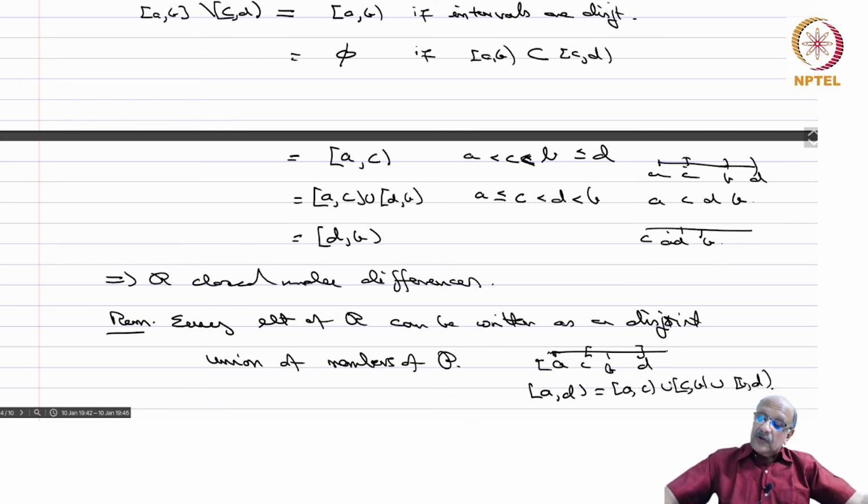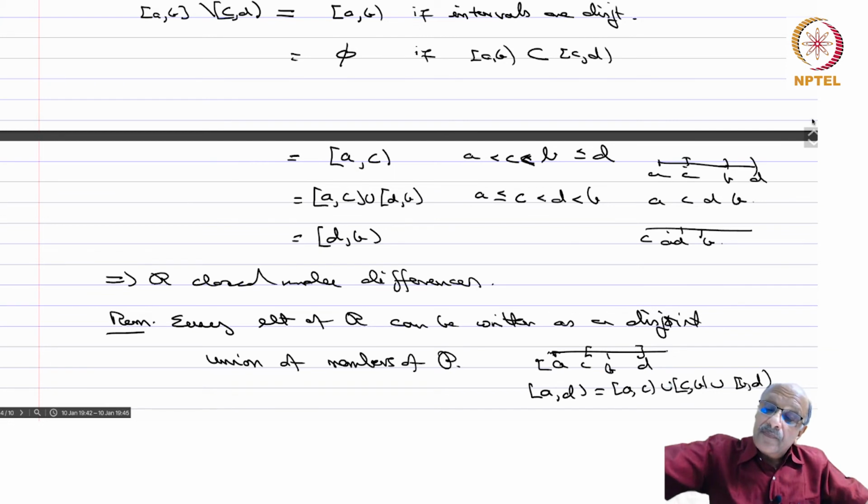Okay, so these are all disjoint members of P, and so this way anything can be broken up and written as a disjoint union.